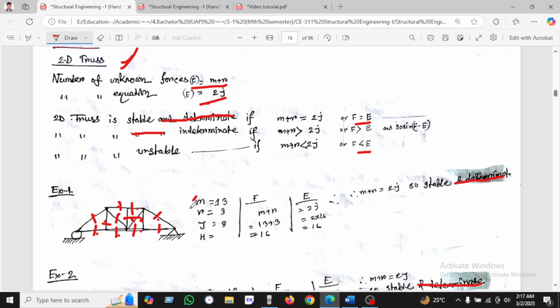These are the 13 members. And the reactions: these are 2 and this is 1, so there are 3 reactions.